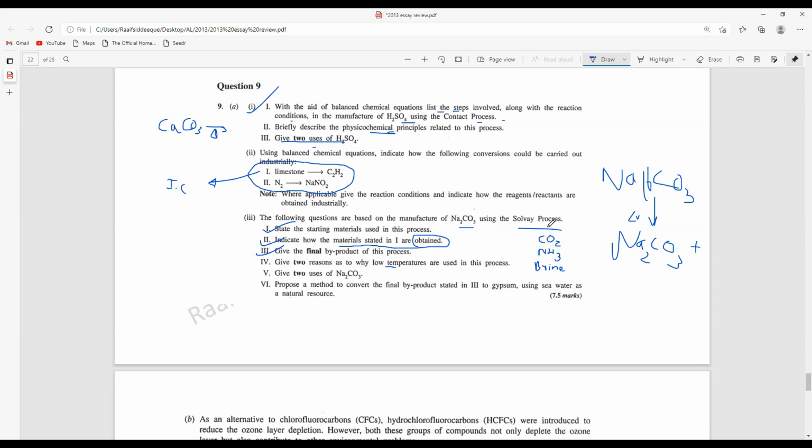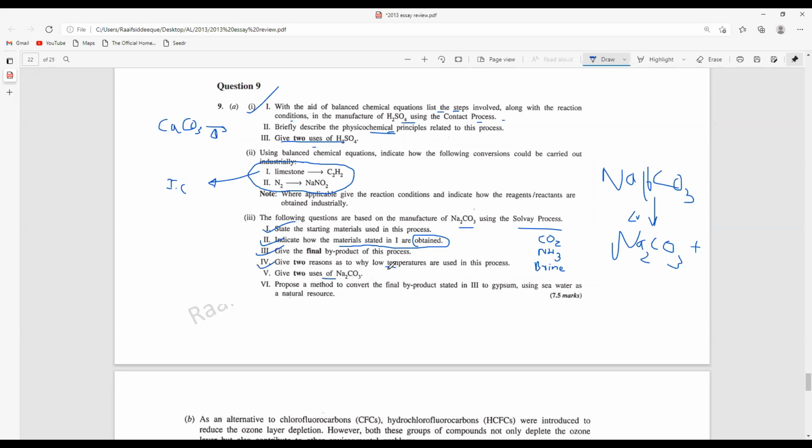The second thing is when the temperature is lower, it facilitates the precipitation of sodium bicarbonate. This is another important thing that you should know in this typical procedure.